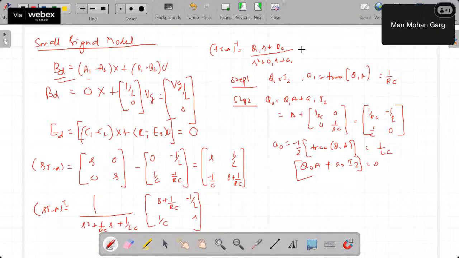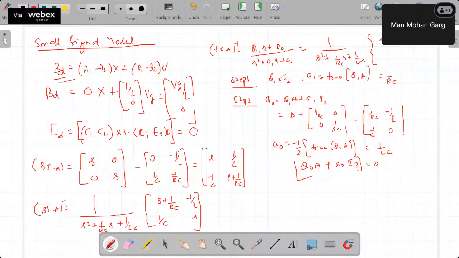Now, if we put it back, Q1, Q2, you will get 1 upon s squared. What is A1? A1 is 1 upon RC into s. What is A2? A naught, that is 1 upon LC, right? What is Q1? Q1 is nothing but this matrix only, so plus Q naught, and Q naught is this one.